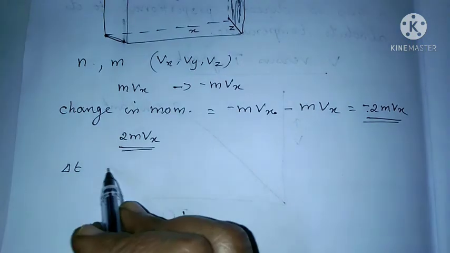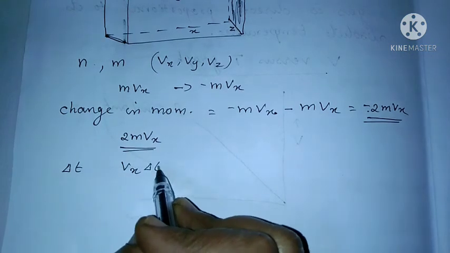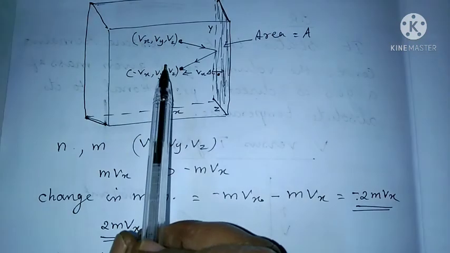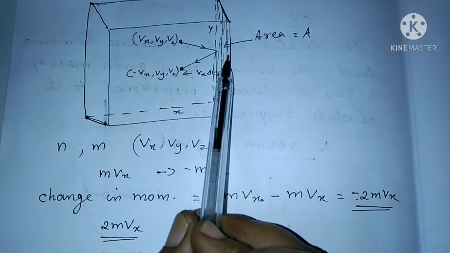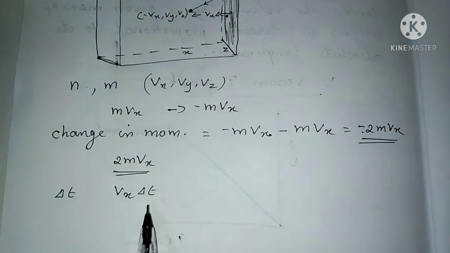The molecules travel a distance Vx into delta t along the x-axis.